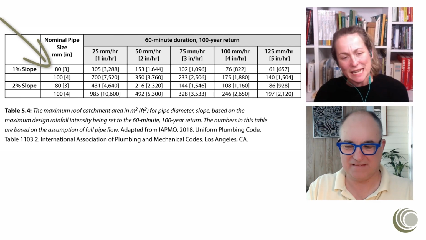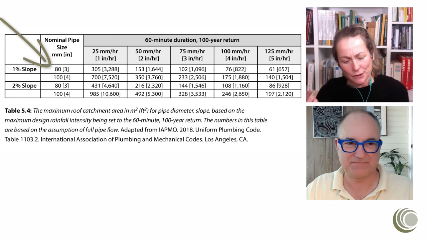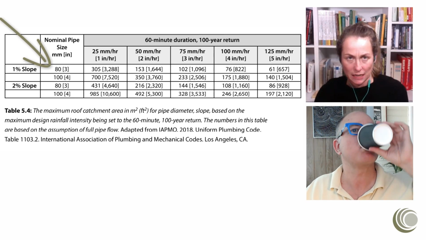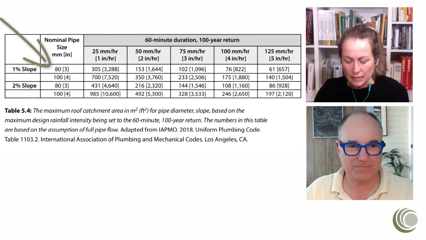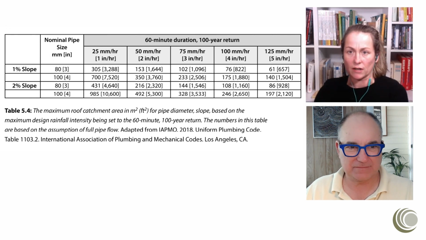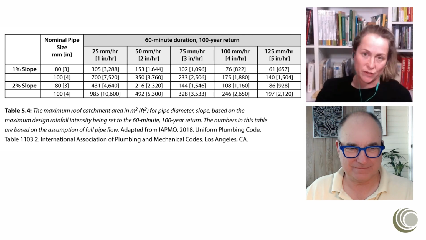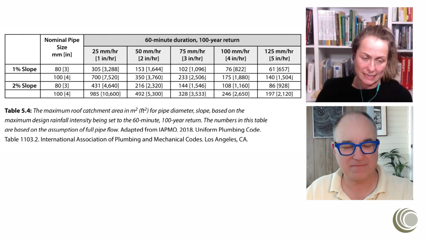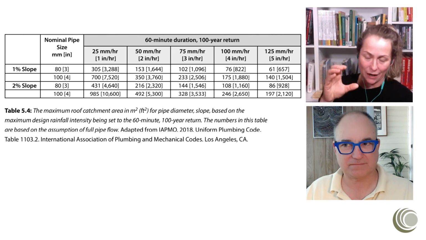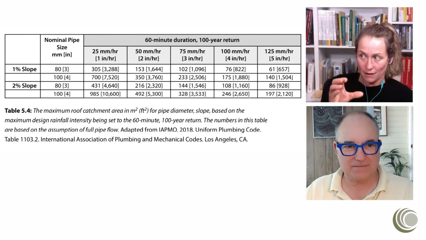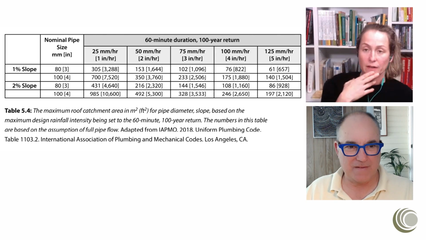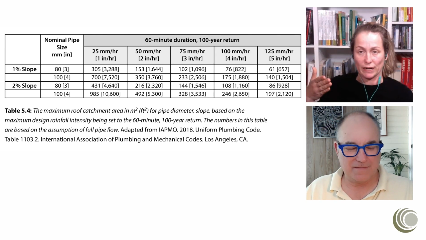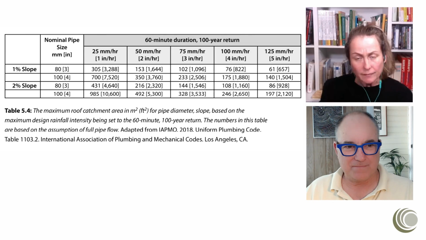Because there's some tables in the Uniform Plumbing Code that I've then seen repeated in very common literature on rainwater harvesting system design that I then tried to refer to in the book around this idea of how you should size your conveyance piping, your downspouts and your conveyance piping for this maximum rainfall design intensity.